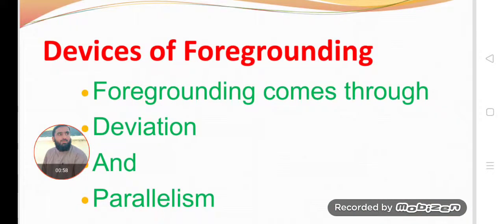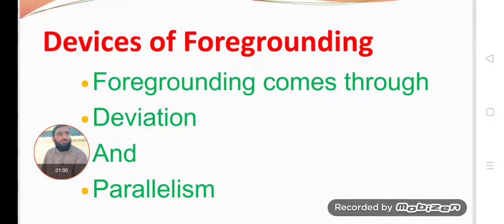Dear students, for foregrounding effects, basically two tools or devices are used. The first one is deviation and the second one is parallelism. We know that foregrounding is the opposite of background. When we want to highlight something, give extra color to something, or modify something, our writers use this term foregrounding.